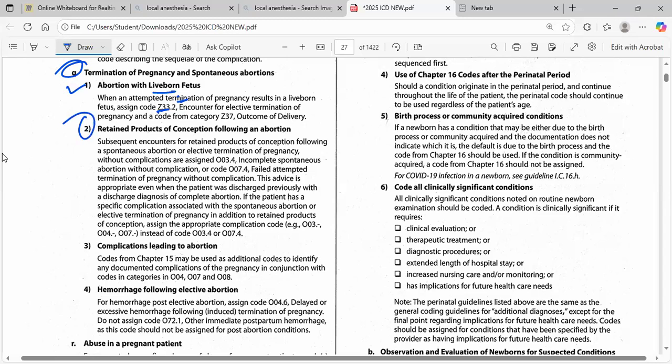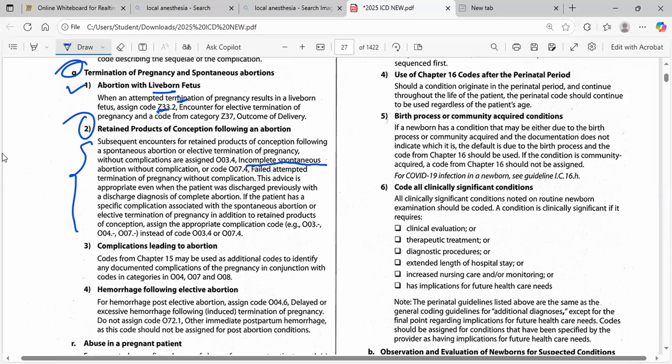Next is retained product of conception. If there is any retained POC after the abortion, you have to consider it as an incomplete abortion. If there is any retained product in a spontaneous abortion, you are going to consider it as incomplete.